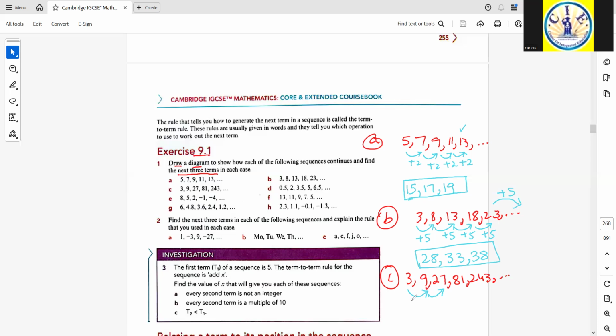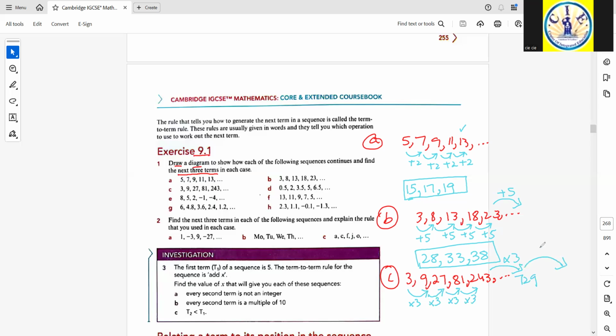So we can say that the next term is got by multiplying by 3, and then after 9 you multiply by 3, you get 27. Then again by multiplying by 3 you get 81, and so on. So to get the next term after 243, obviously we need to multiply it by 3. So multiplying by 3, you get the next term, that is 729.